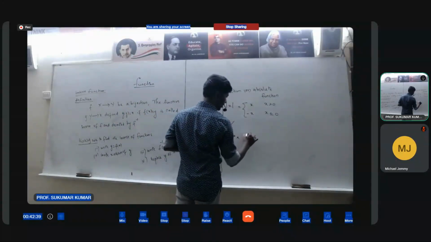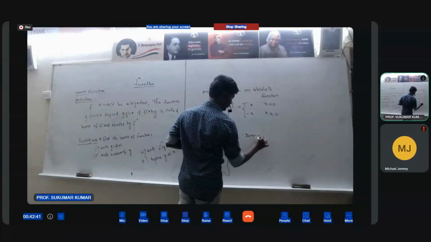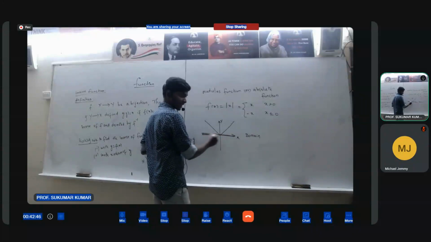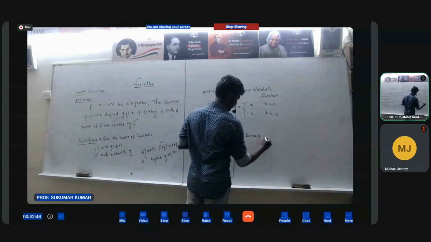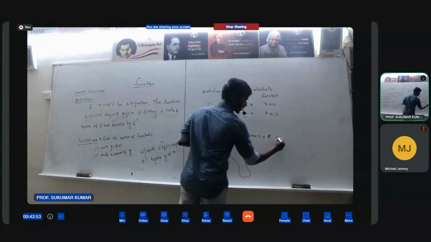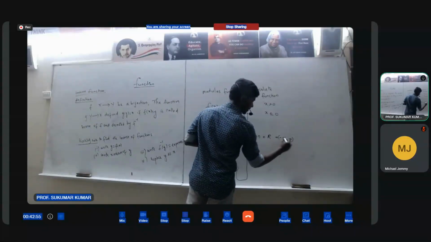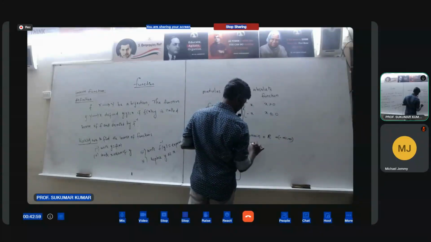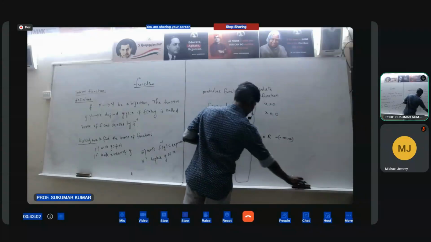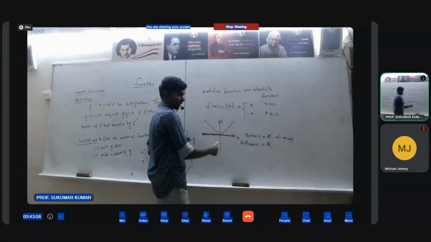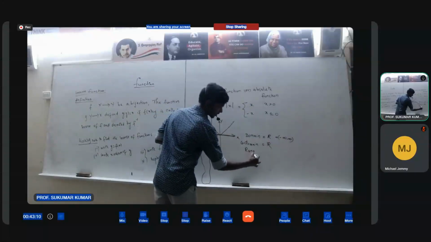And here your domain will be the entire thing, the x-axis, that is R, the set of all real numbers, minus infinity to plus infinity. Your codomain is also R. But the range is very important.